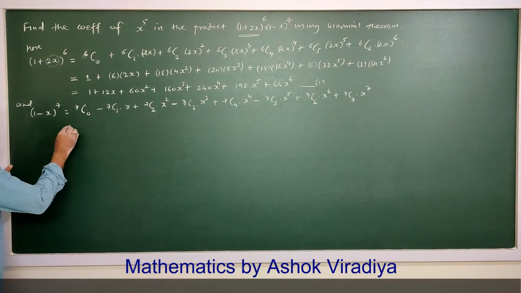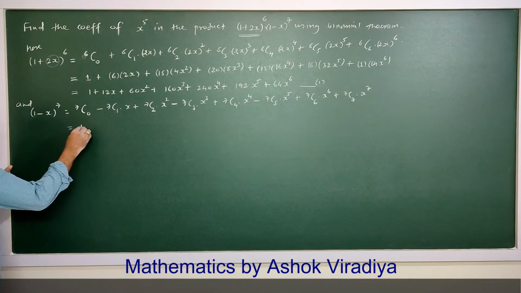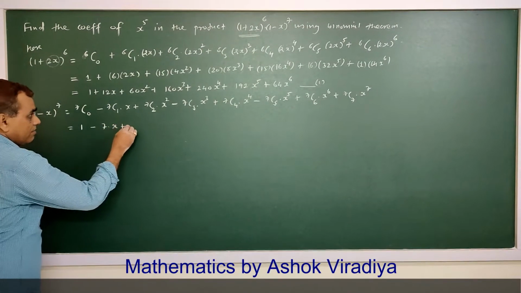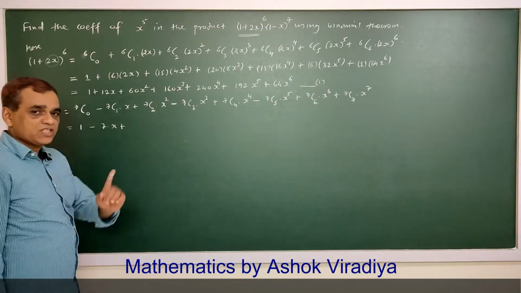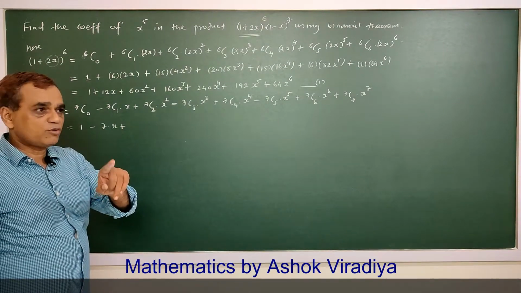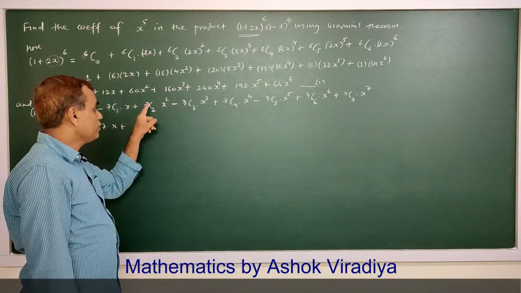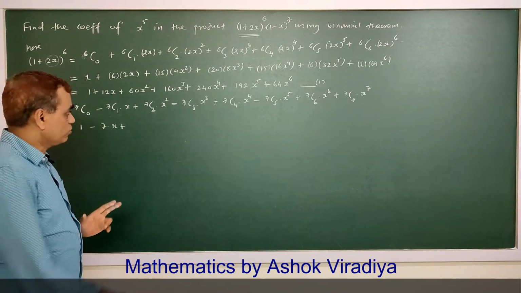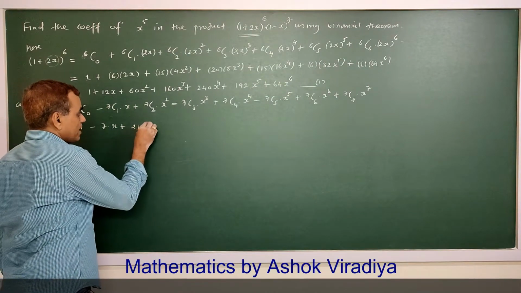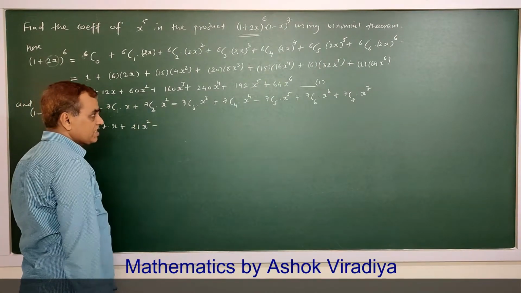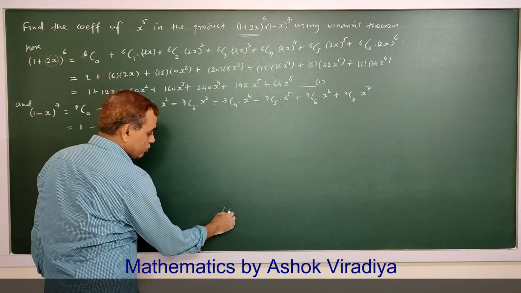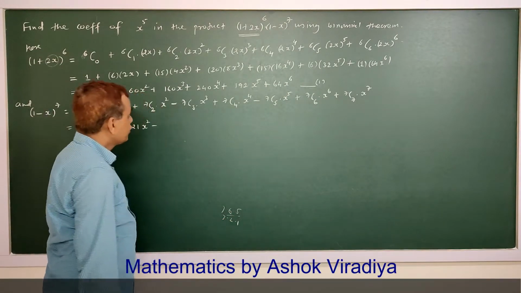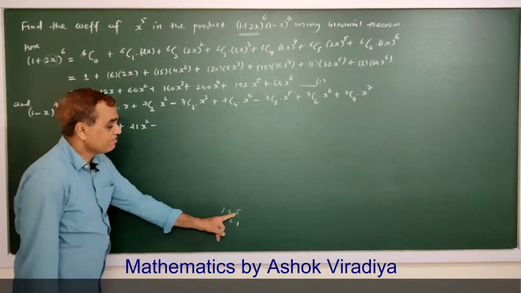So simplifying this line, 7C0 is 1 minus 7C1 is 7 into x plus 7C2, 7 into 6 upon 2 into 1, 42 upon 2, that is 21 x square, minus 7C3 is 7 into 6 into 5 upon 3 into 2 into 1, so it is 35.